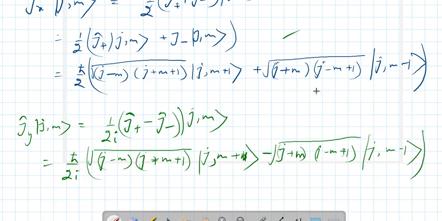So let me call it equation number 33 and this as equation number 34.